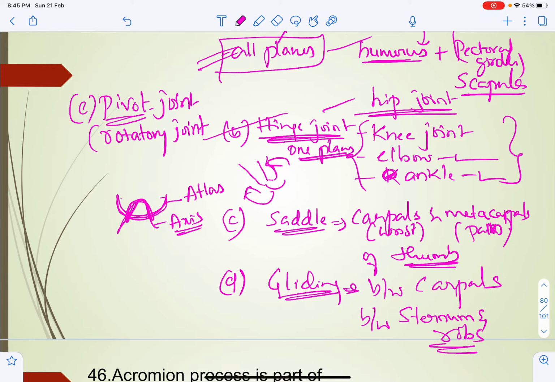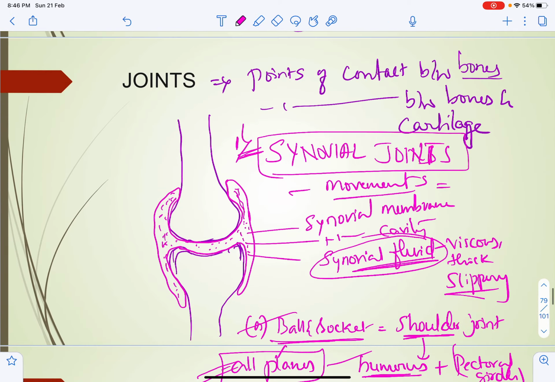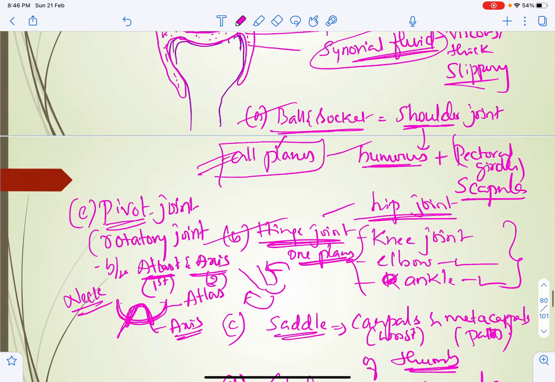Atlas is the first cervical vertebra and the second cervical vertebra is axis, present in the cervical region, that is the neck region. So these are the different types of synovial joints.